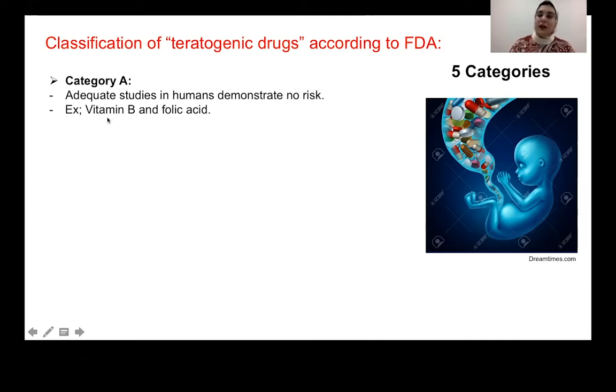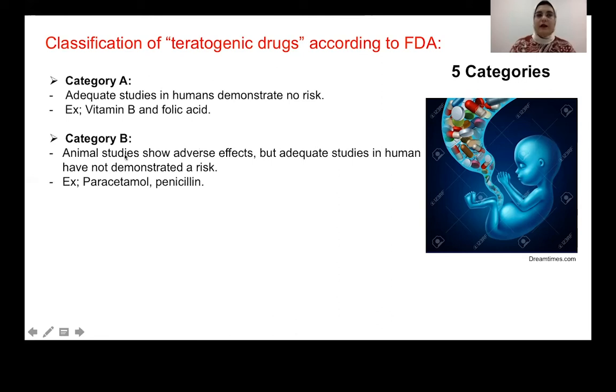Unfortunately, these drugs are very good for the mother. In the pregnant mother, she always needs supplements of vitamin D and folic acid for the good growth of her baby. So these 2 drugs, they are very safe. I think they are the only proved drugs to be very safe.